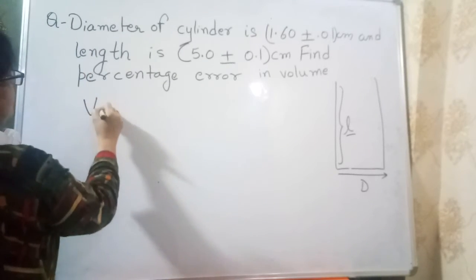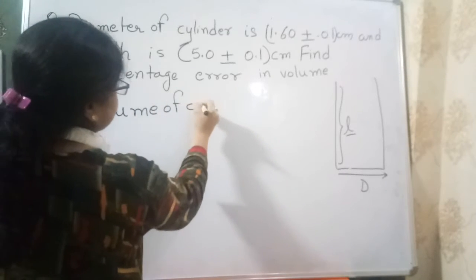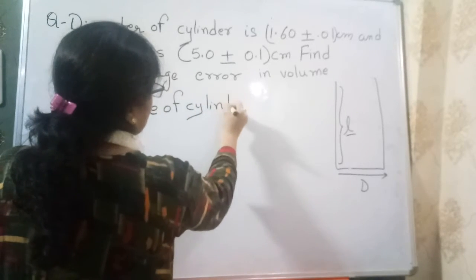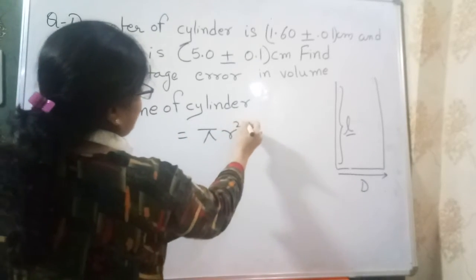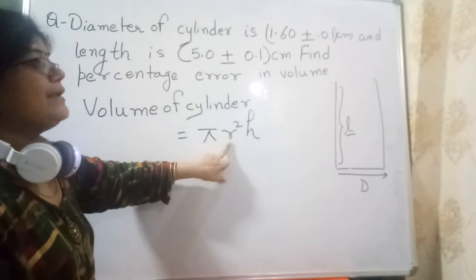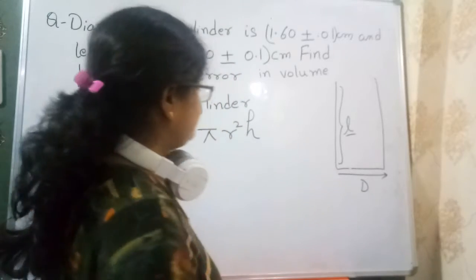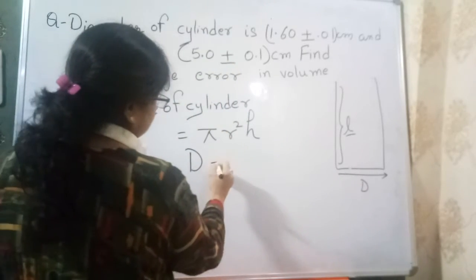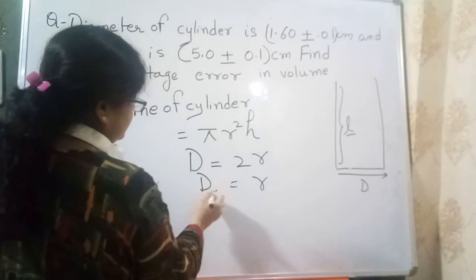So the volume of a cylinder is equal to pi r square h, where h is the length of the cylinder and r is the radius of the cylinder. But it is given the diameter, and diameter is equal to 2r, so r is equal to diameter by 2.